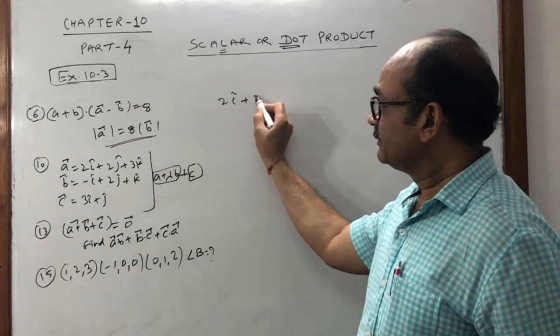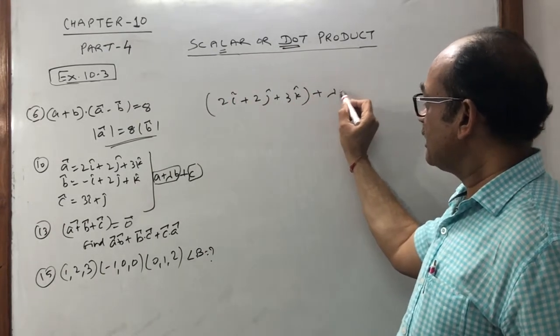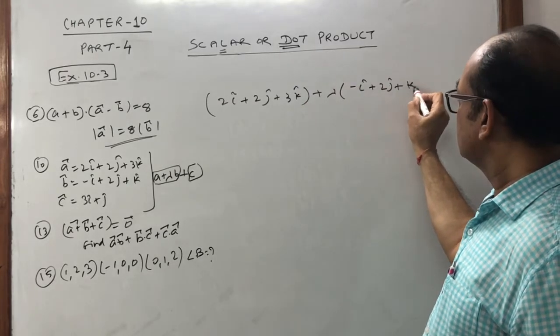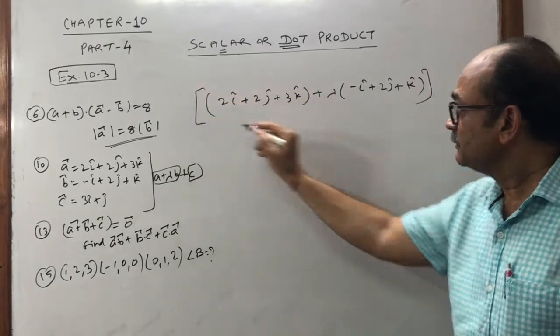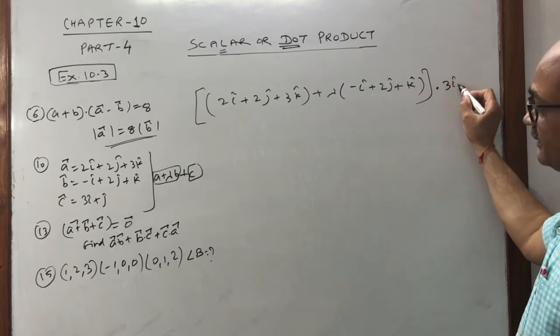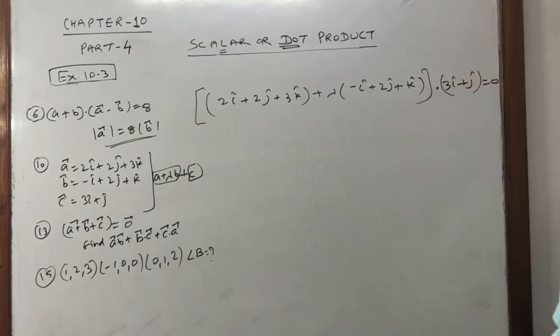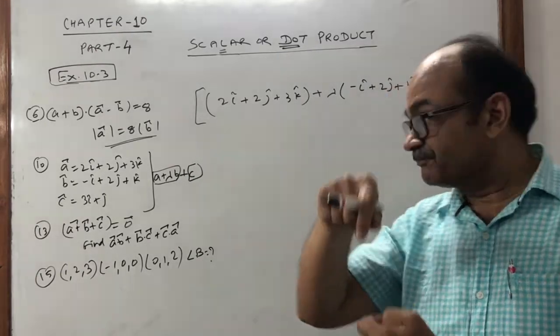A plus lambda B is perpendicular to C, 3i plus j, and it means the dot product of these two must be 0 because the vectors are perpendicular.